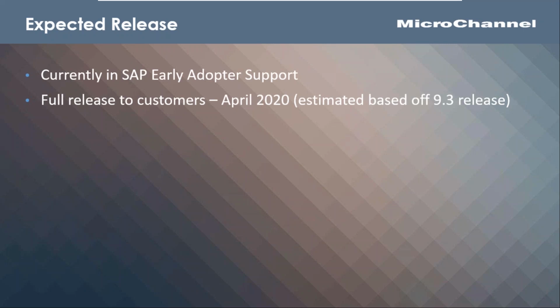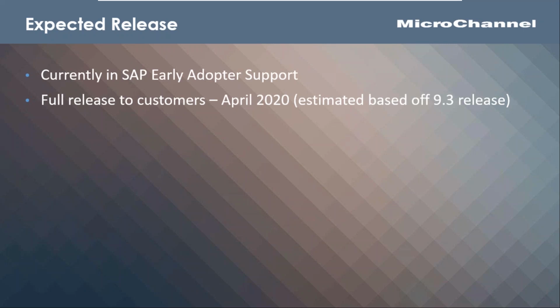You do have SAP support and obviously MicroChannel support in that regard as well. So if you are curious about making an early hop onto version 10, please feel free to contact your account managers, and we can have a discussion about it and see if it's the right move for you.